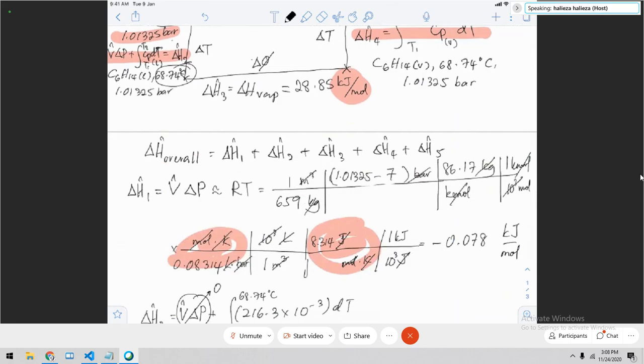Yes, you can, but it's far easier for me if you use the constant R. Everyone has to choose his own. You can use both. Remember, we did this last time in chapter 7. We did this conversion also. It's the same thing. You can use the conversion at the back of the textbook.